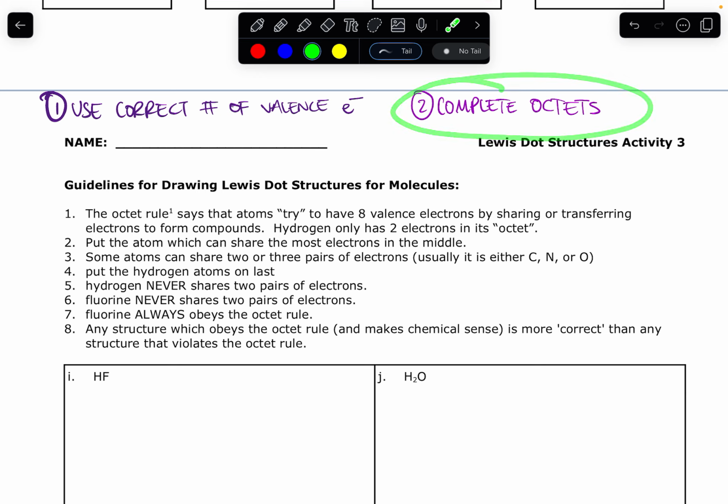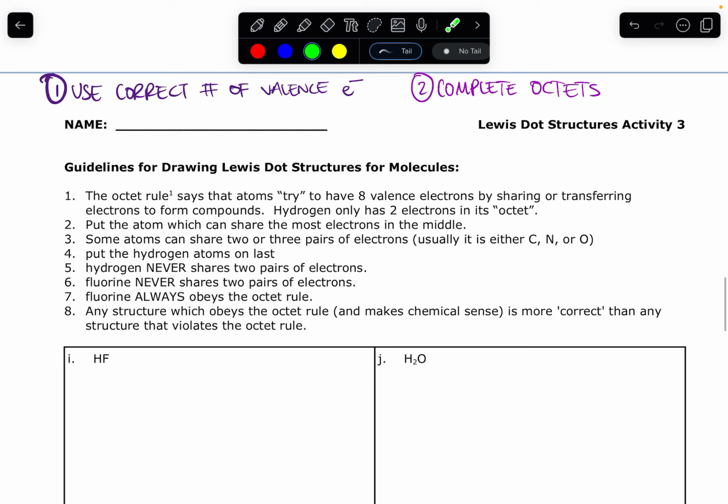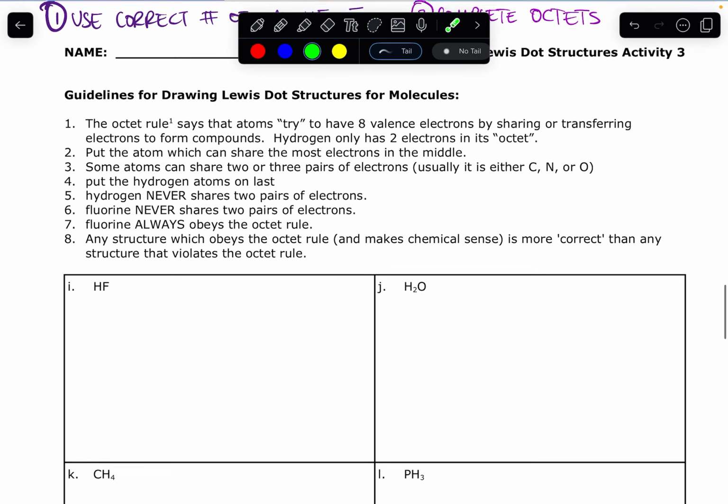This is what every atom is trying to do. This is why elements are going to react. They're going to react to complete their octets. Everybody gets an octet except hydrogen and helium. We don't really need to worry about helium, however, because helium is unlikely to react with anything. All right, so here we go.